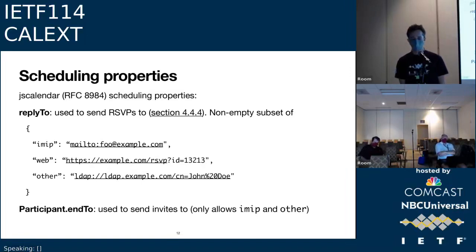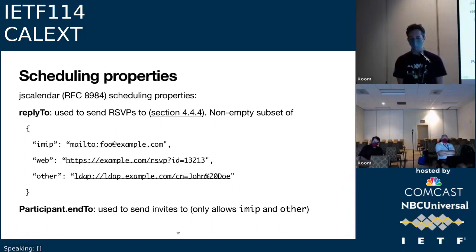So in JS Calendar, we have the replyTo property. It's a multi-valued property, which allows defining multiple ways to send RSVPs or invites, keyed by the identifier of a scheduling method.